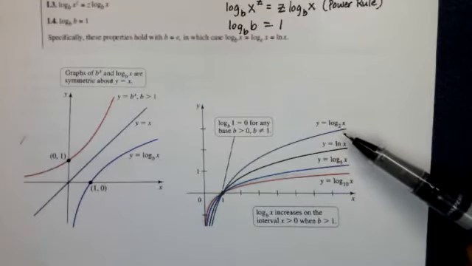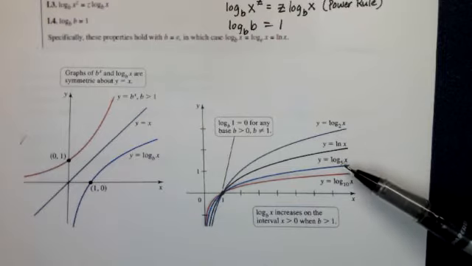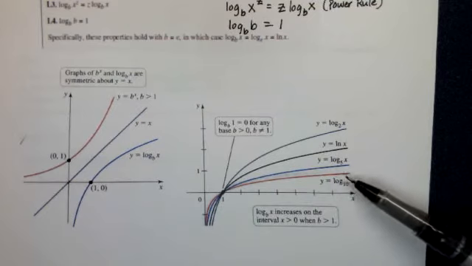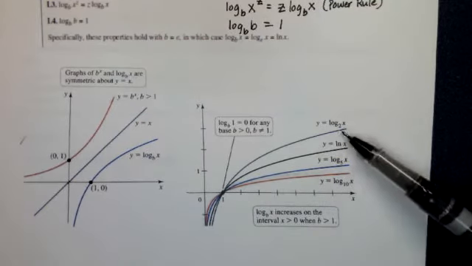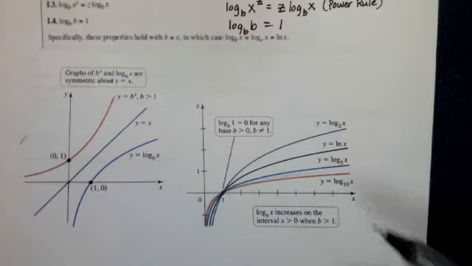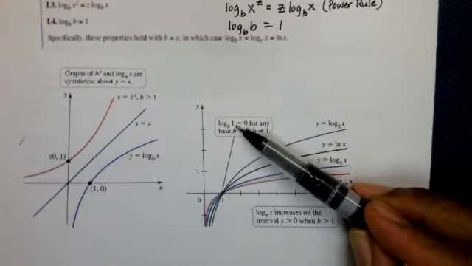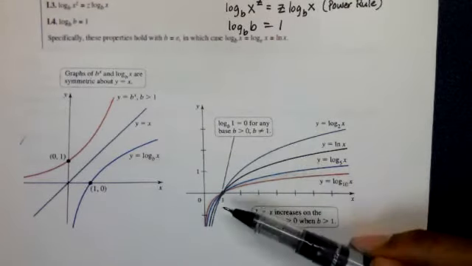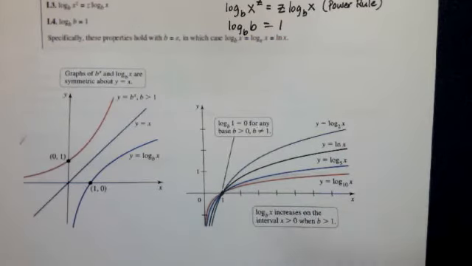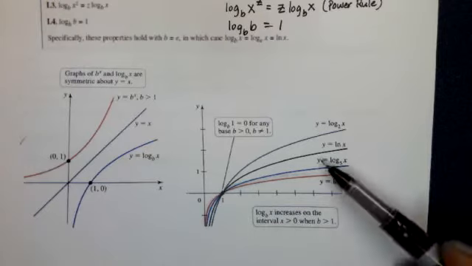So that means the more you increase the base, the more this shrinks in or gets towards the x-axis. And also notice something else, log to the base b of 1 is always going to be 0. So here the graph will be crossing the x-axis at the point (1, 0).